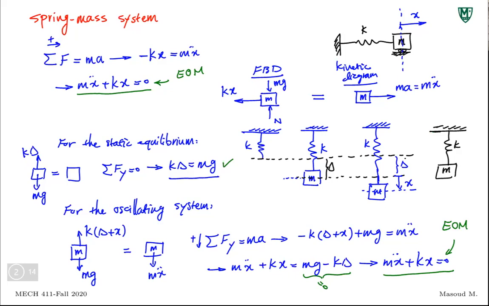The conclusion here is whenever the system starts oscillating from its equilibrium position, for the rest of this course, this is important because it is a general conclusion, we can safely ignore the effect of weight when we are using Newton's methods to derive the equation of motion. Because in this example, you will see they cancel each other out.